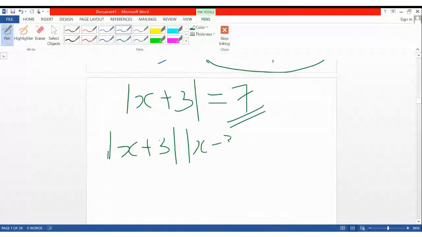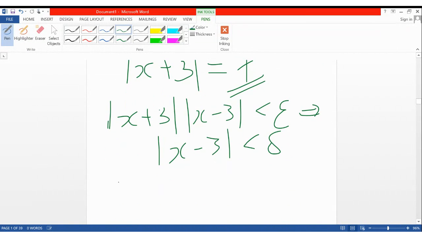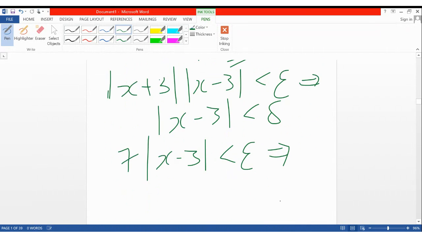Replacing with 7, 7 times the magnitude of x minus 3 is less than epsilon whenever x minus 3 is less than delta.